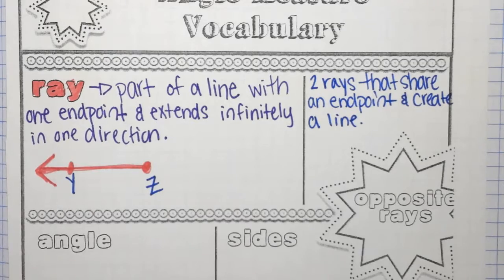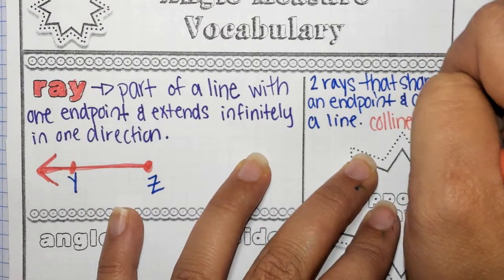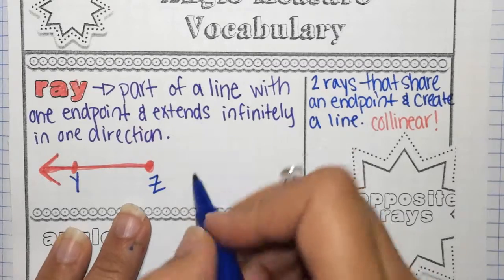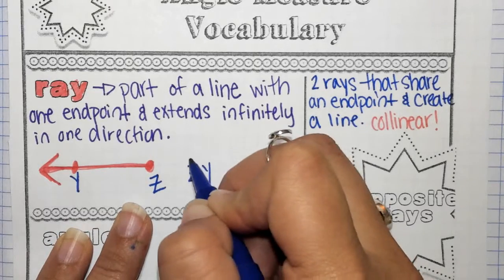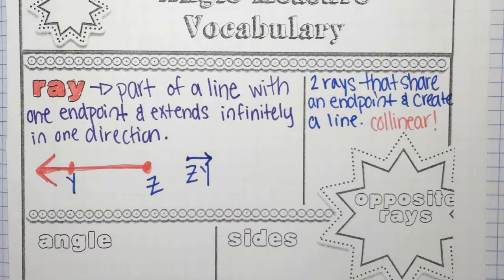Collinear. Take a point. They are collinear. Now, to name this ray, you could call it ZY and put an endpoint on the end of it. Now, let's draw opposite rays.